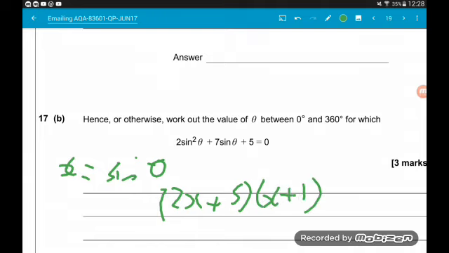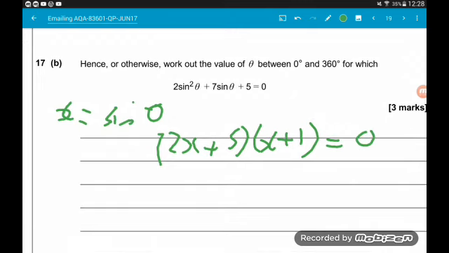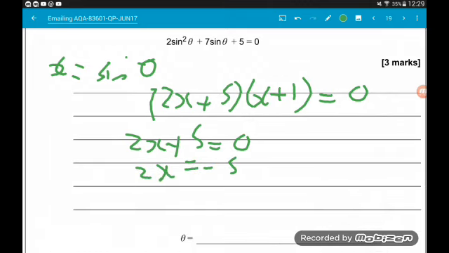So if we set that equal to 0, then our solutions for x, well, we would get either 2x plus 5 is equal to 0, so 2x equals minus 5, so x would equal minus 5 over 2, or by this bracket on the right, we would get x is equal to minus 1.